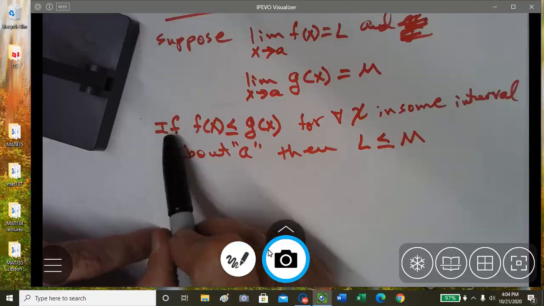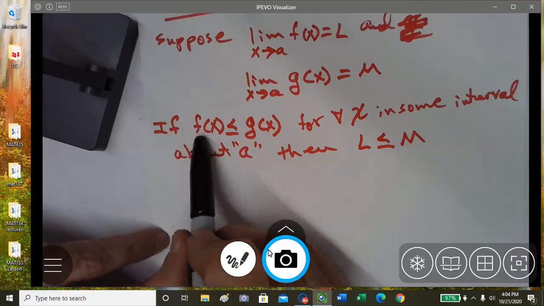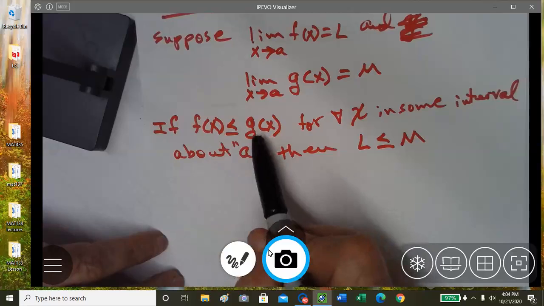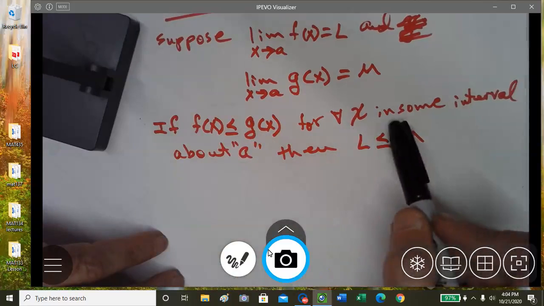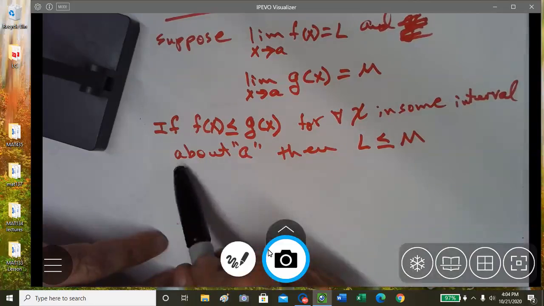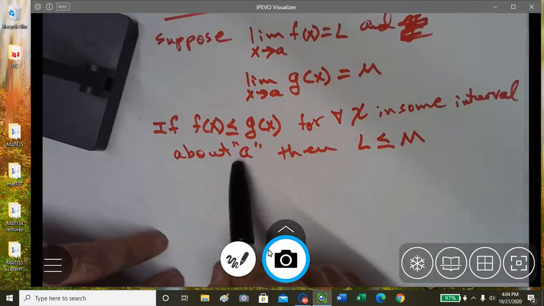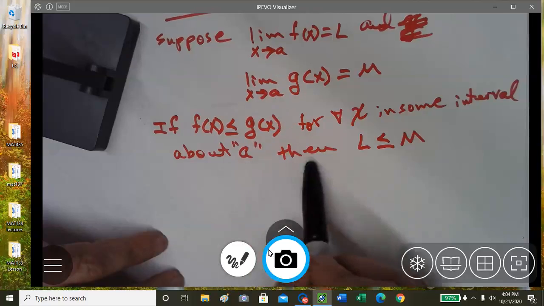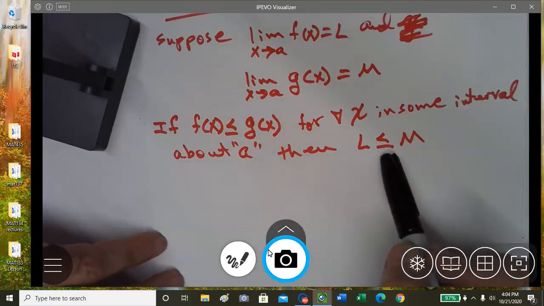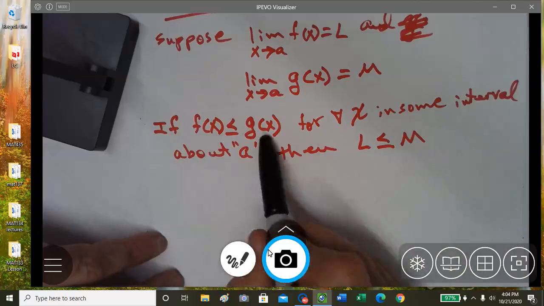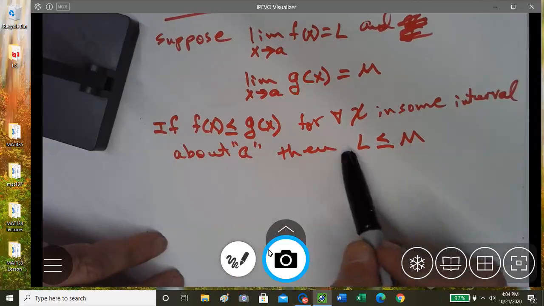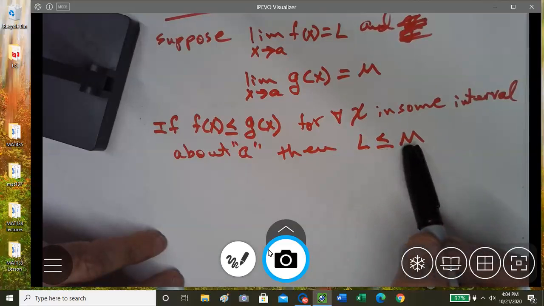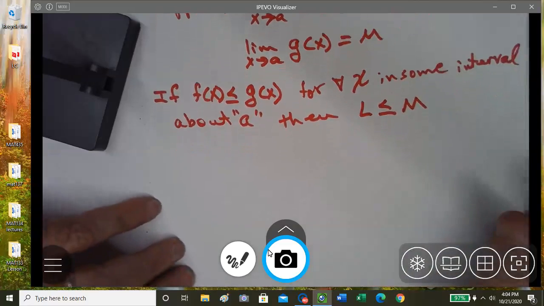And also, if f of x is less than or equal to g of x for all x in some interval about a, then the limit of f of x, L, is going to be less than or equal to the limit of g of x, which is m.